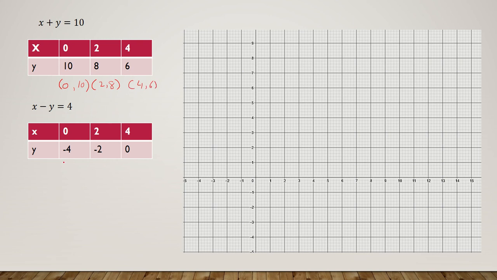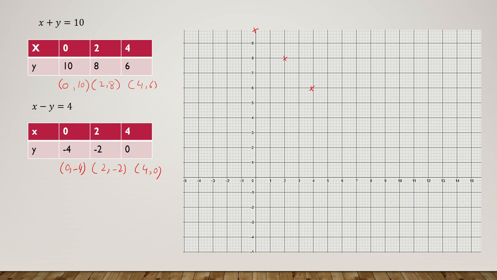And the second is 0, minus 4; 2, minus 2; and 4, 0. Let's plot the first point, 0, 10. This is 0, this is 10 over here. And 2, 8 is over here. 4, 6 is over here.